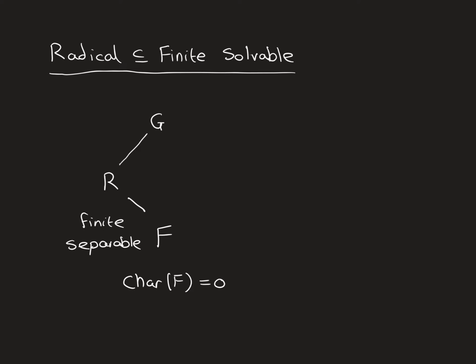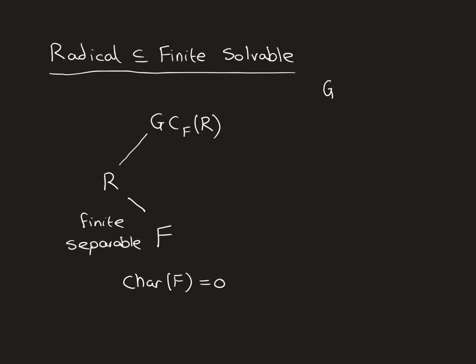There's no standard notation that I know for Galois closure, so I've made up my own: GC for Galois closure, so it's the Galois closure of the extension R over the base field F. This means the smallest extension of F which is a Galois extension and contains R. That's what is meant by Galois closure.